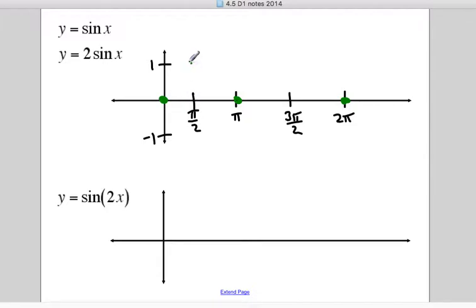It bumps up to 1 first, and then it dips down to -1 second. So sine looks like that. Now if I change the amplitude to 2, then I have to add onto my graph.